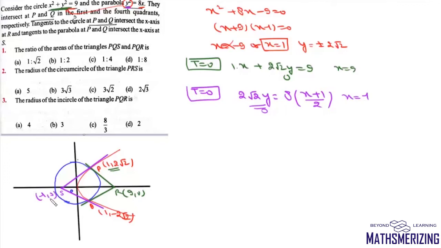Now we'll find area of triangle SPR. So what is the area of this triangle? It'll be half, and then what is the value of base? Base is 10. And what's height here? Height is 2 root 2. So it is 10 root 2. We'll also find area of PQS.